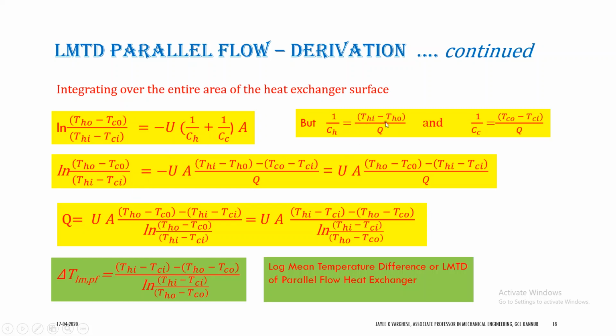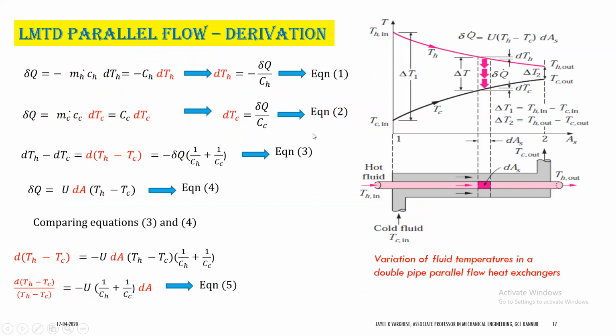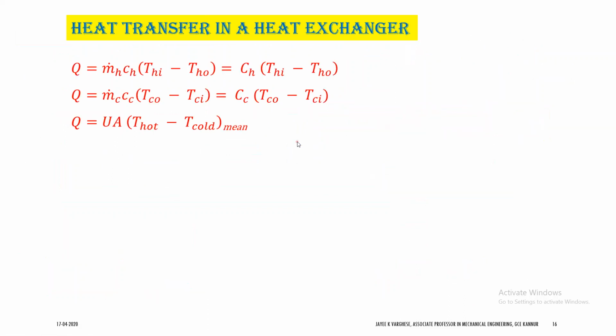Now one thing, let's go back to a previous slide. Okay, Q is equal to Ch into Thi minus Tho.